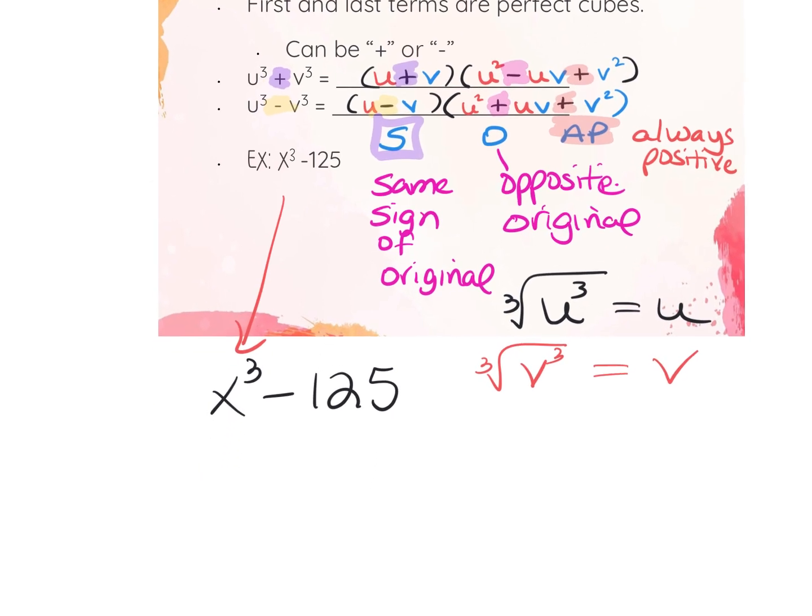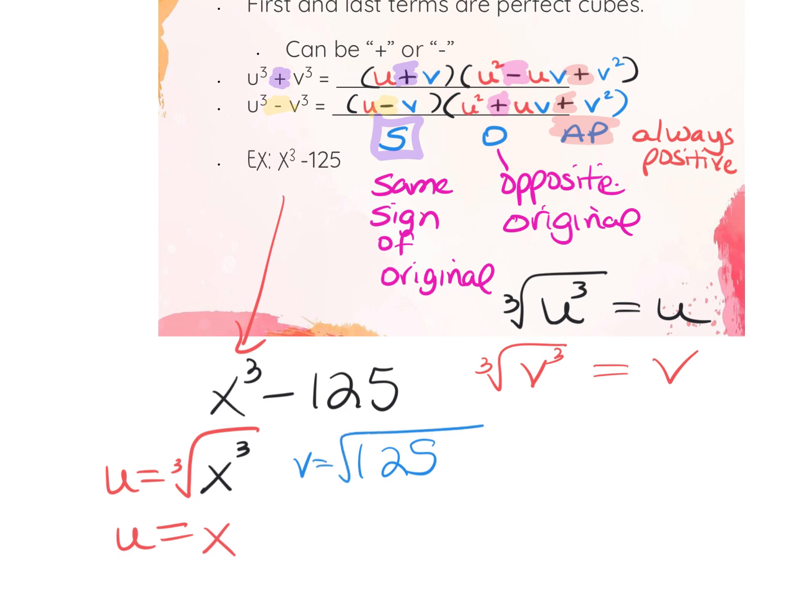In order to get my u value, my first term is u to the third. So to get u, I'm going to cube root it, and my u value is just x. Then I'm going to do the same thing for the 125. I'm going to cube root it, and that will give me my v value.